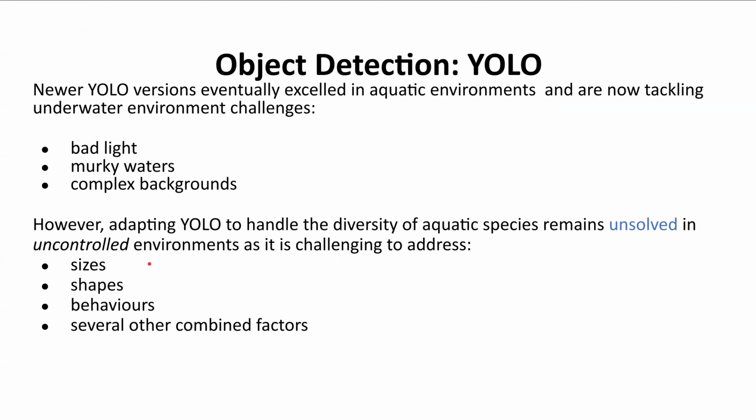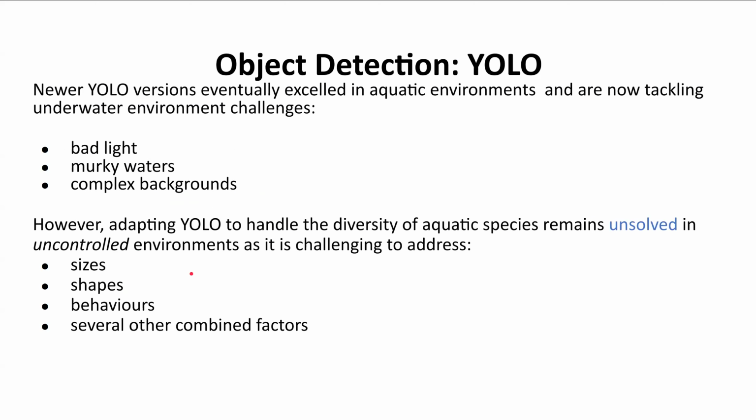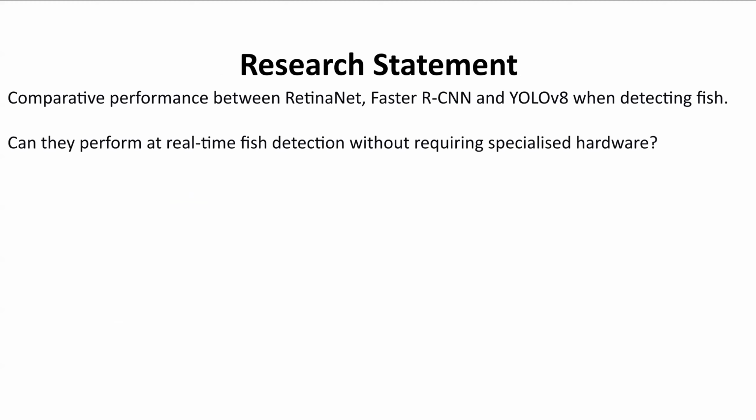However, it still struggles a bit with small objects, but it's better than RCNN at detecting small objects. There's still a bunch of challenges that we're facing over here: bad lighting, murky waters, and complex backgrounds. But as we keep exploring different methods, it has been improving.